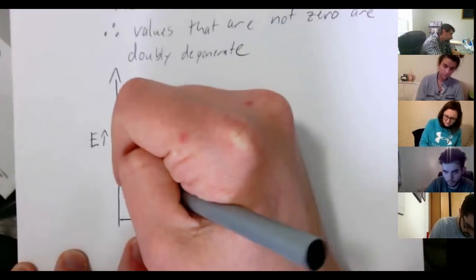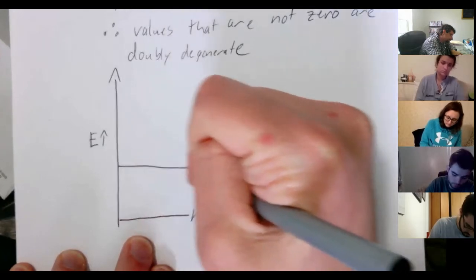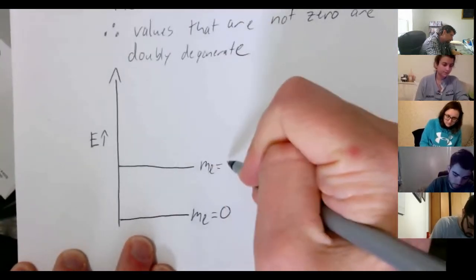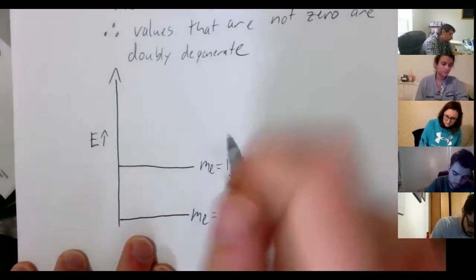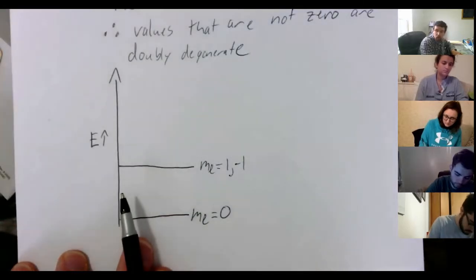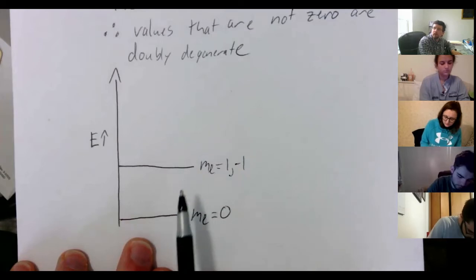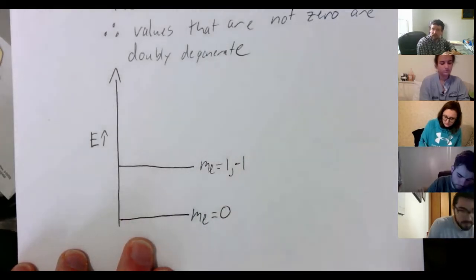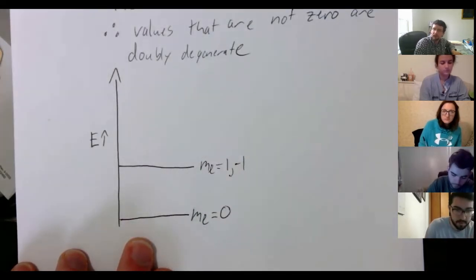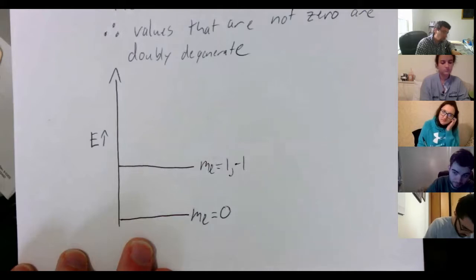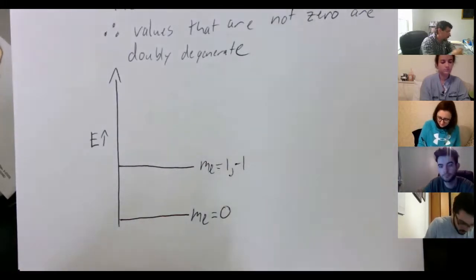ML 1, or -1. Yep. Now, what about the next one? What's it going to be? 2 and -2. Yeah, 2 and -2.